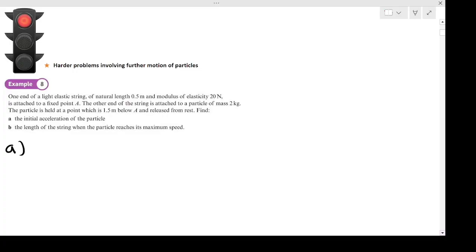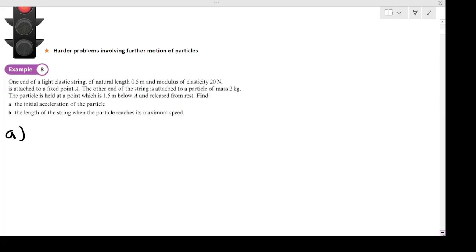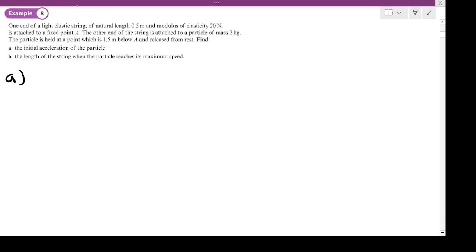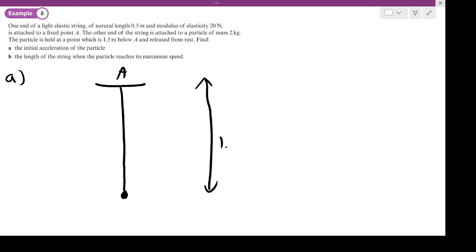Okay. So again, the situation here, we have a fixed point A, and I'm told the particle is 1.5 meters below A. So it's going to be hanging from a sort of ceiling, right? Like this. So this is A, and then this is the particle at the other end of the string here. Now, I know that the length of the string here is 1.5 meters.